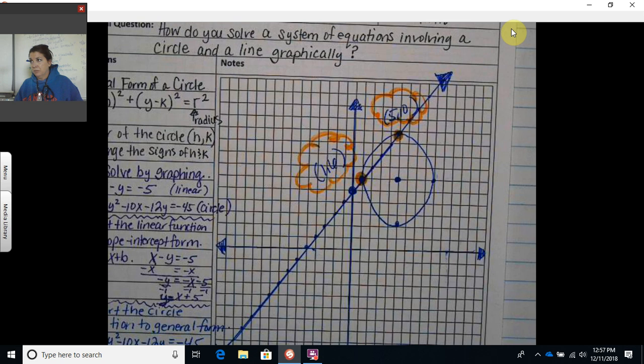If it was multiple choice and you could do a little estimating, then cool. But otherwise, it's not always going to be the most helpful. If you have graphing technology, great. Plug it in, put in your equations, and you can find it easily. But if you have to do it by hand, you got to be very tedious, and again, you might be doing some estimating. Okay? So let's do another example on this.